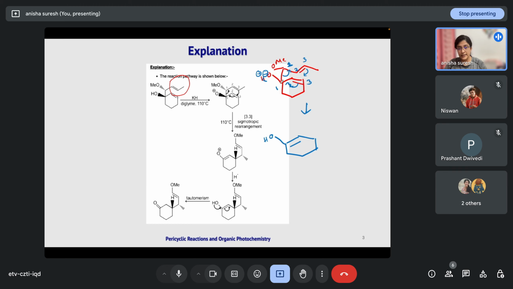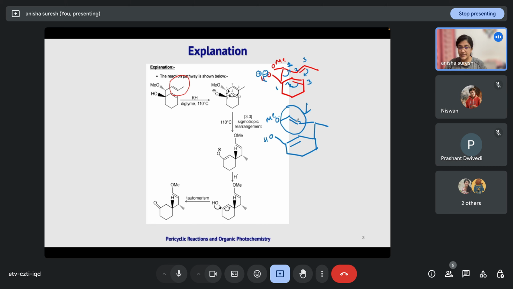Like this hydrogen was above, so this hydroxyl is above. So this group will be coming from the other side, OMe. So this will be the product that is forming.